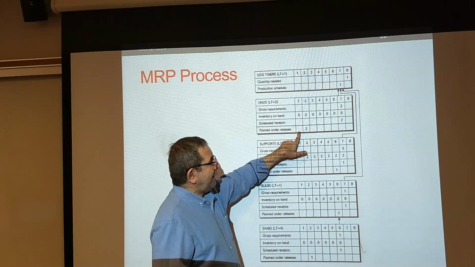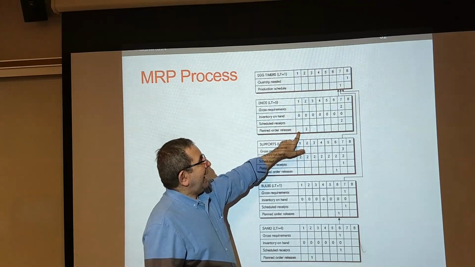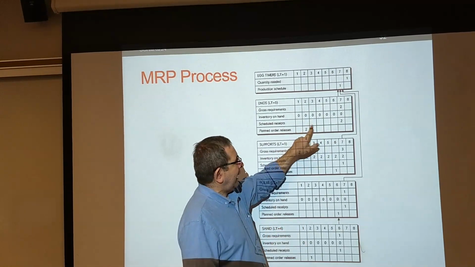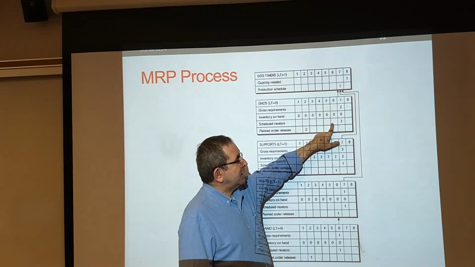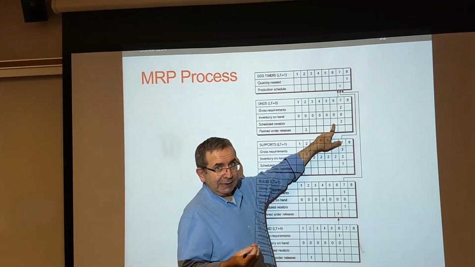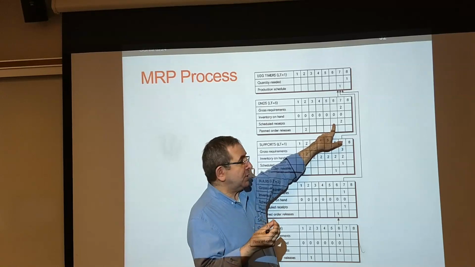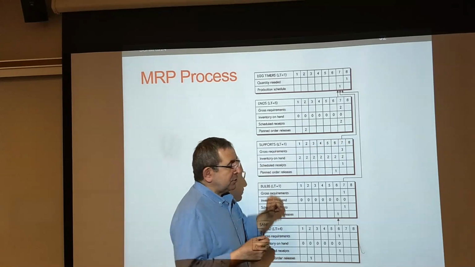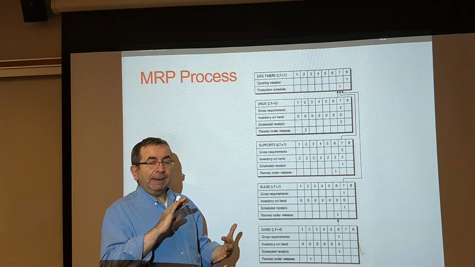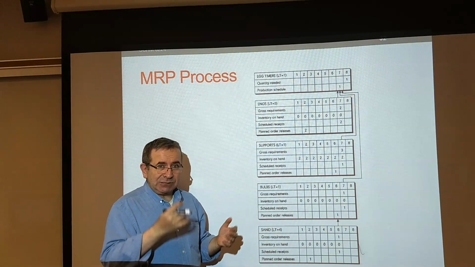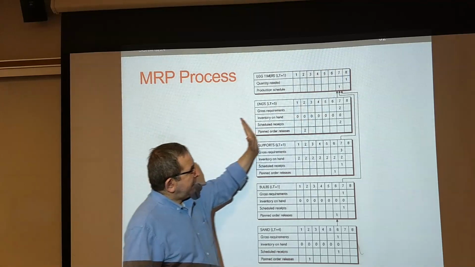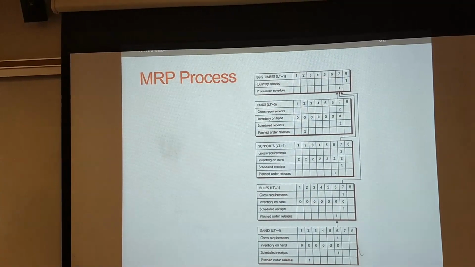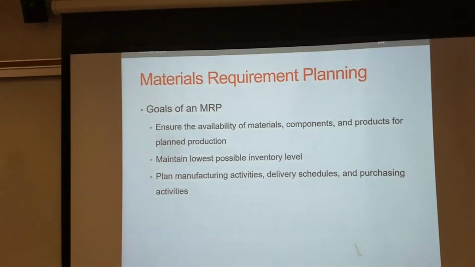Why? Because if I order early in period 1, I will receive the ends in period 6, and I would have to keep those items in inventory in my warehouse from period 6 to period 7. Okay? If I order early, I will need to keep inventory. To eliminate this necessity, MRP pushes everything to the last minute. That's how MRP tries to minimize inventories.